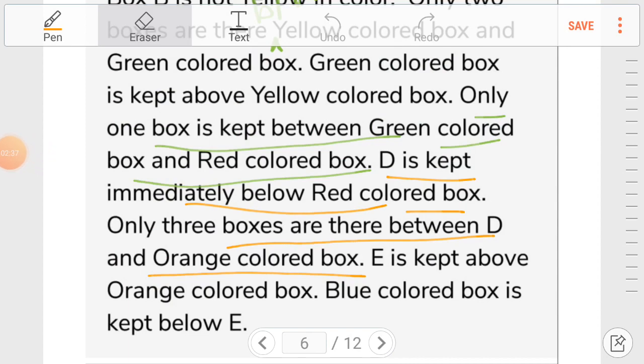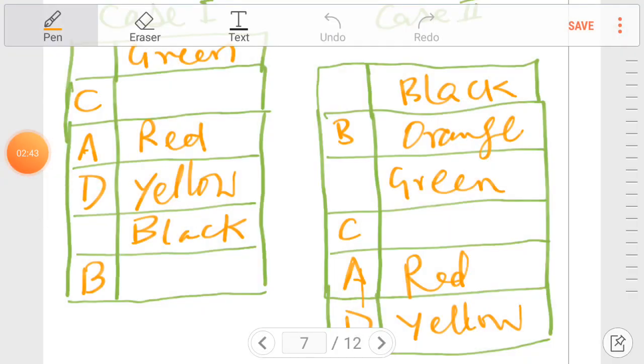In the next statement, E is kept above the orange colored box. So above the orange colored box is the black box, so E is kept in front of black.